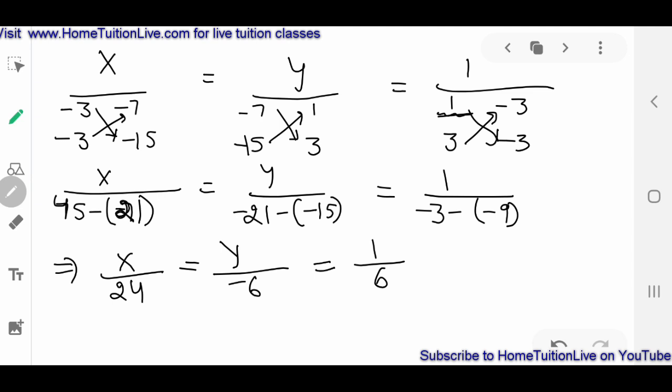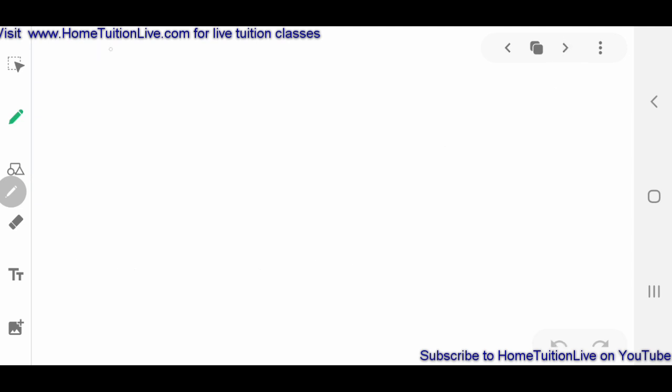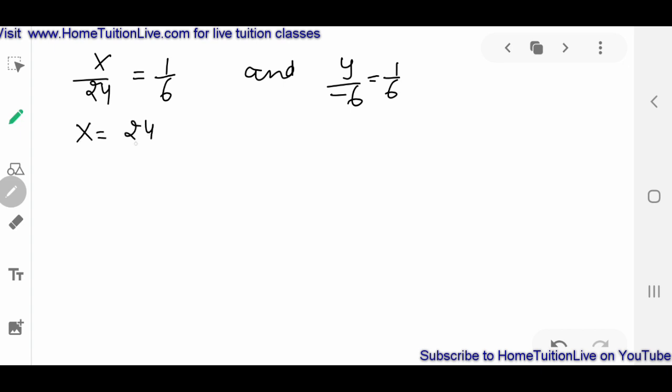Now we will find the value of x and y. X by 24 equals 1 by 6 and y by minus 6 is equal to 1 by 6. So x is equal to 24 by 6, x is equal to 4.